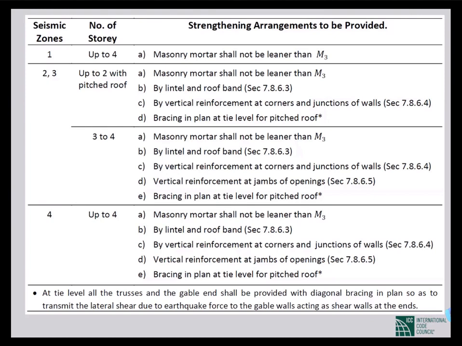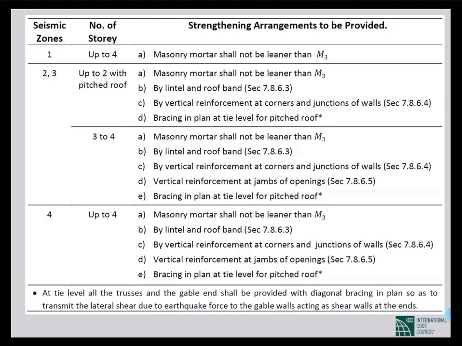For example, if we talk about seismic zones 2 and 3, up to a 2-storied building, we can go for masonry mortar not leaner than M3. This is true for all the cases. We have to use lintel and roof bands. Here you see where we have to use bands, it is mentioned.